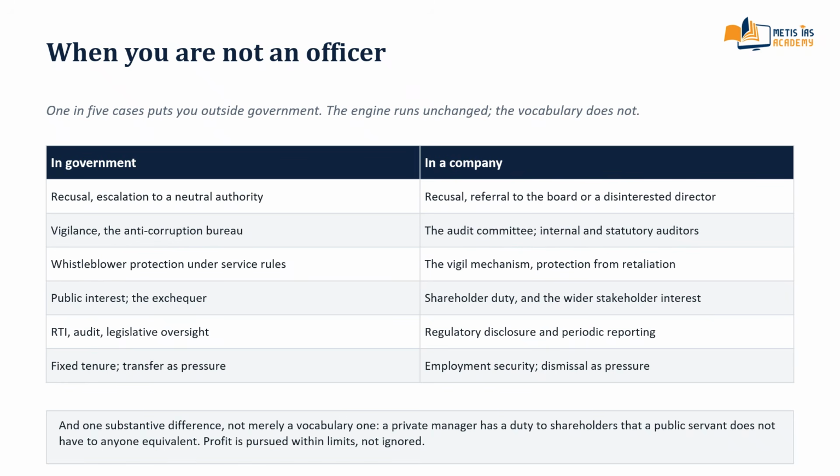The Code on Social Security 2020: maternity benefit and creche provision. The Code on Wages 2019: no discrimination on grounds of sex in wages or recruitment for the same work. And the Occupational Safety, Health and Working Conditions Code 2020: working hours, night work with consent, and safeguards and welfare facilities.